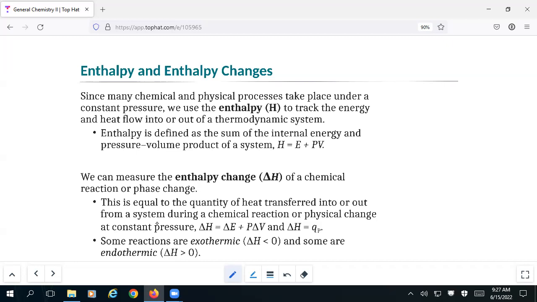Enthalpy is our monitor of heat flow in and out of a system. We can define enthalpy as the sum of the internal energy of a system plus the pressure volume product of that system.